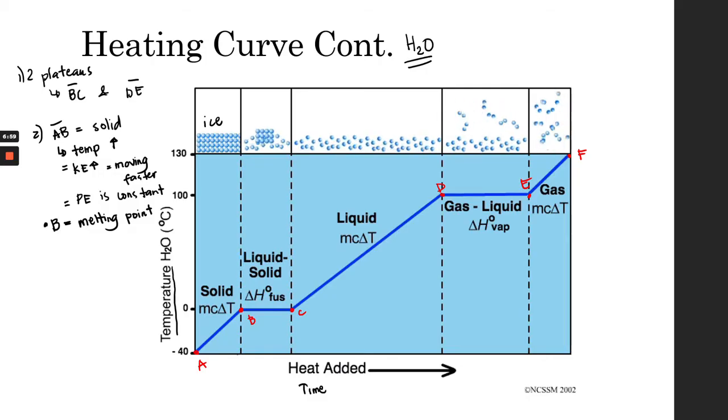This is also the start of what we call a phase change. At segment B to C, what is happening is actually a phase change. In this scenario, the phase change is melting.